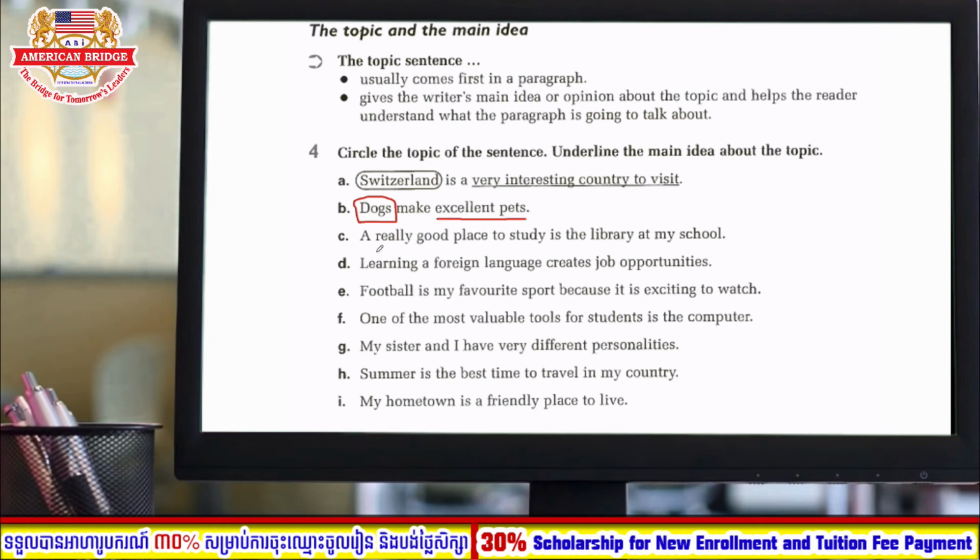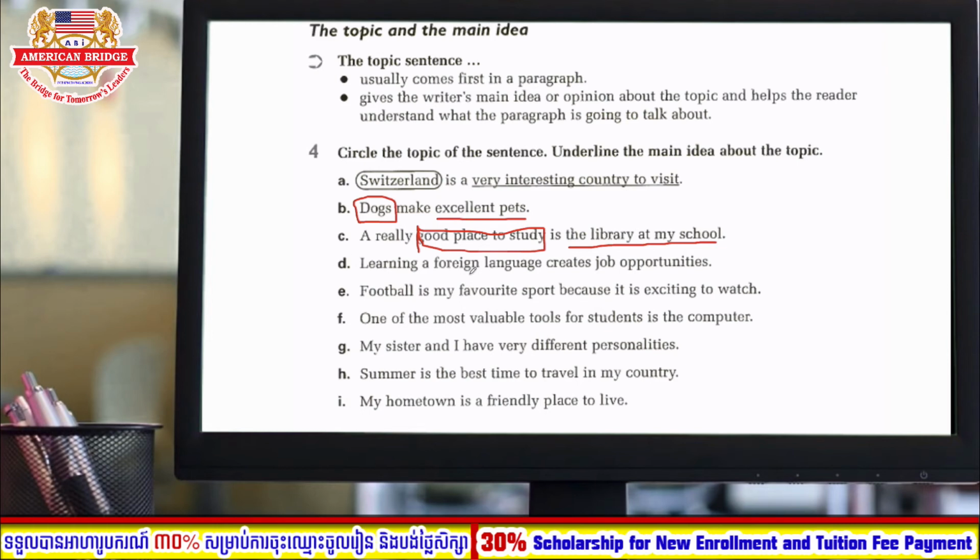Let us see, a really good place to study is the library at my school. So the topic of this sentence is a good place to study. And what is the good place to study? The library at my school is the main idea.